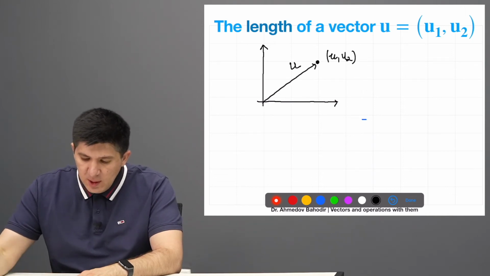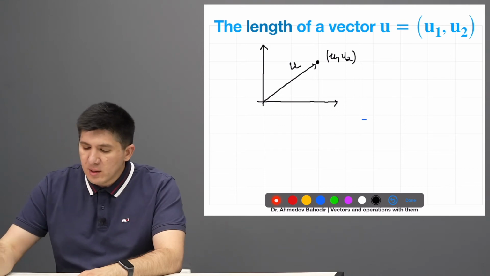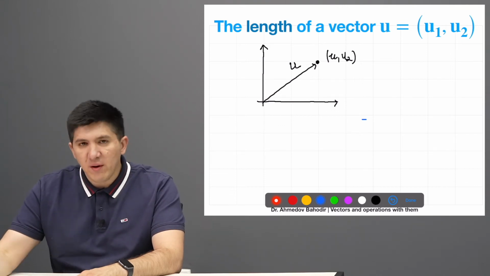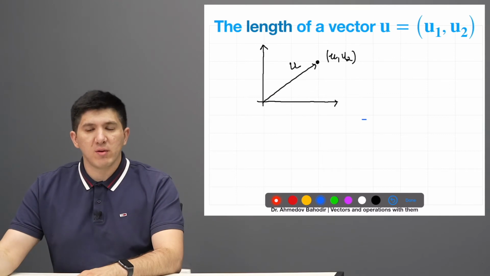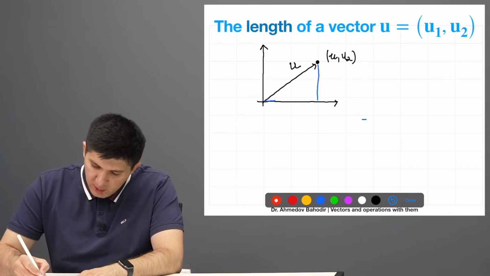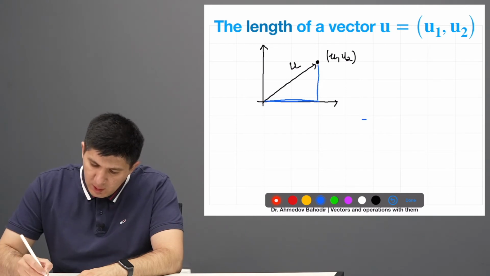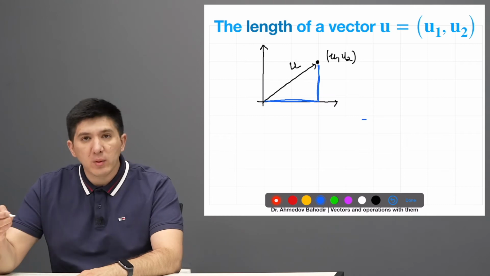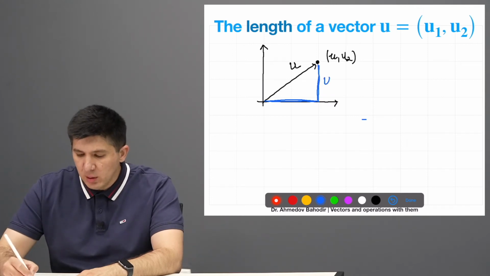Well, in 2D, if you would like to find the length of this vector, you're going to find the length of the side of the triangle, which is obtained by the Pythagorean theorem. The height of this triangle is going to be equal to the y component of this point, which is u2, right?